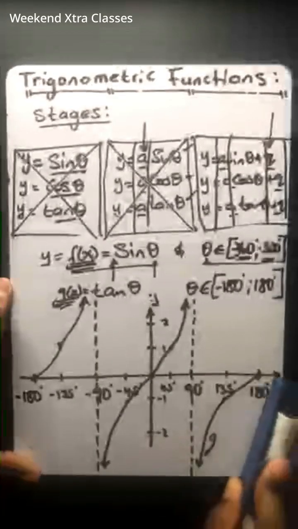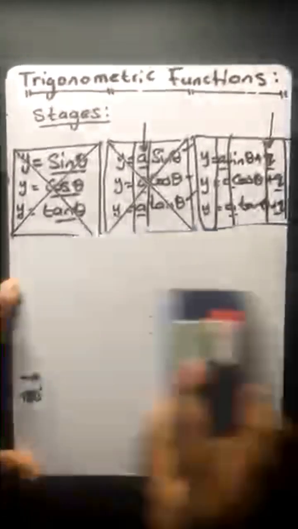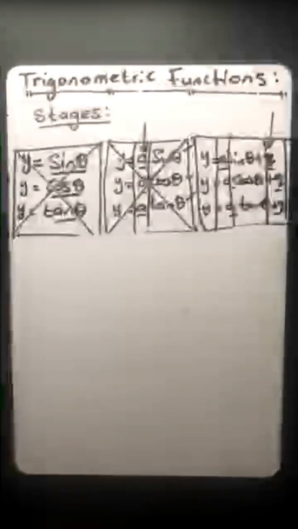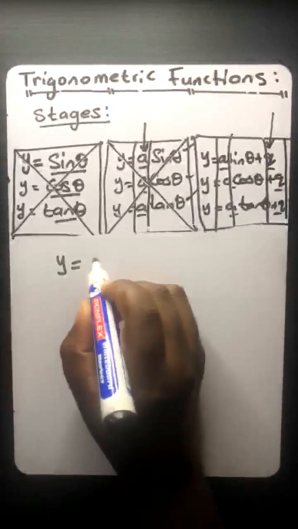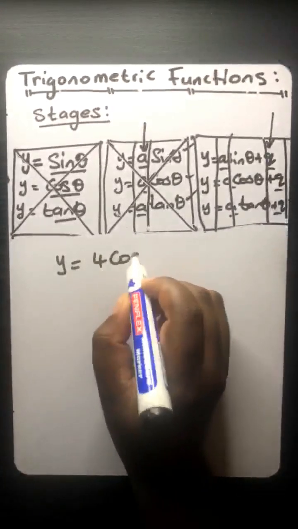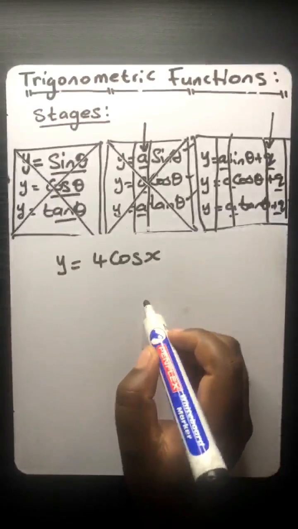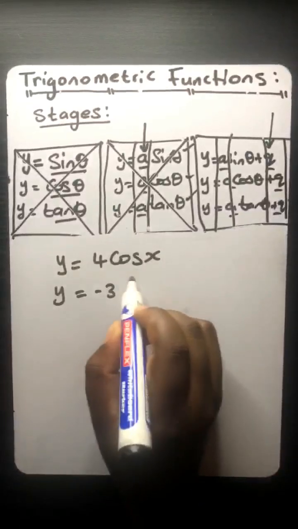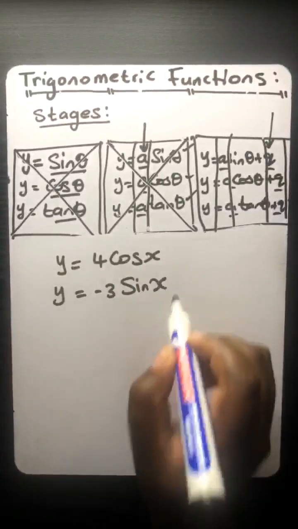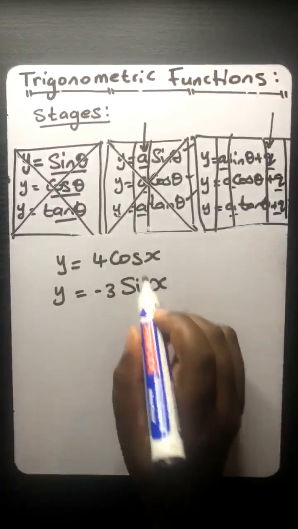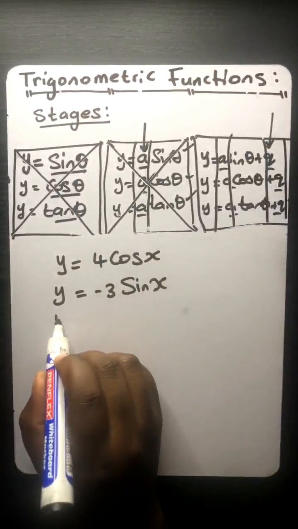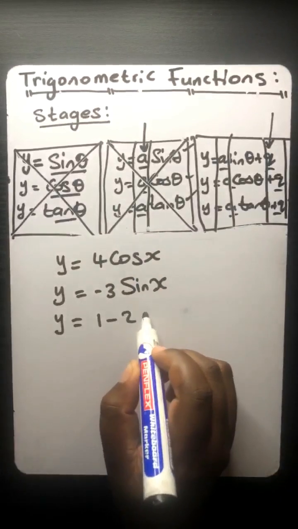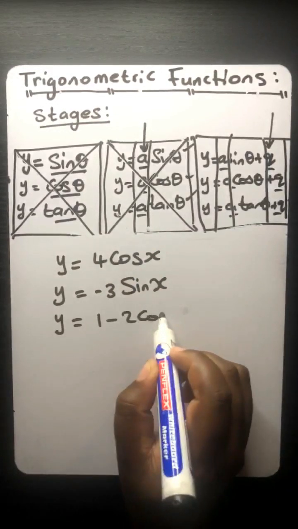Okay, so very quickly, let me give you this for you to use as practice. y equals 4 cos x. Also, y equals negative 3 sin x. Remember, that x is now the angle. And then let me give you this one: y equals 1 minus 2 cos x.